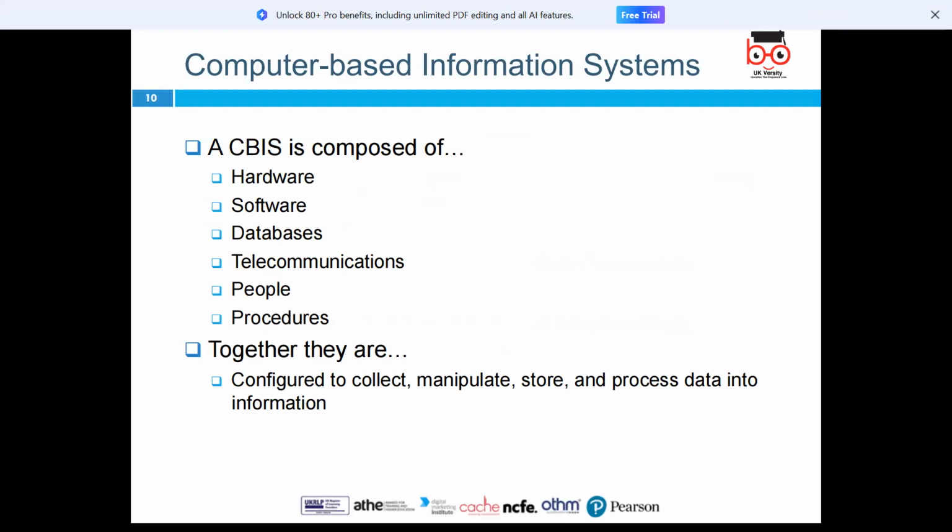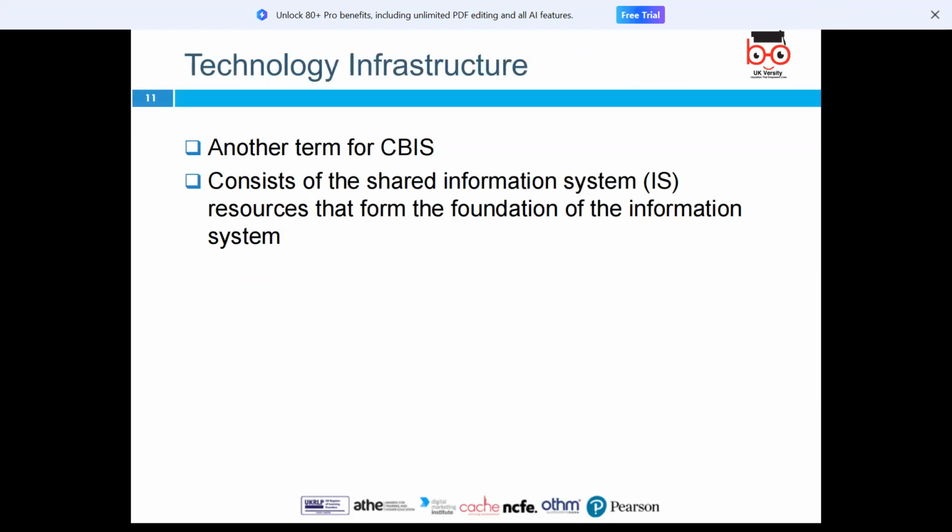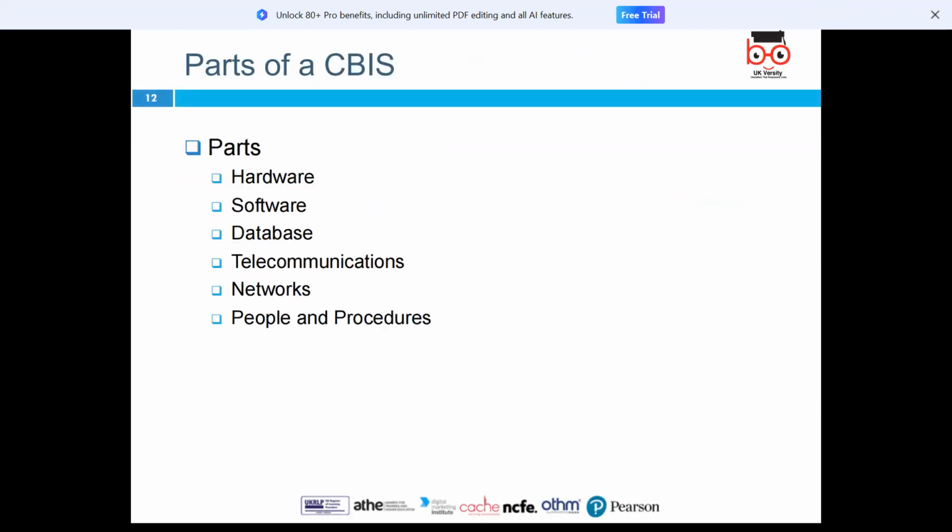Also, we have computer-based information system, which is simply the combination of hardware, software, database, telecommunication system, people within the organization, and the procedures. Basically, we're looking into the management. Let's look into them and analyze them.